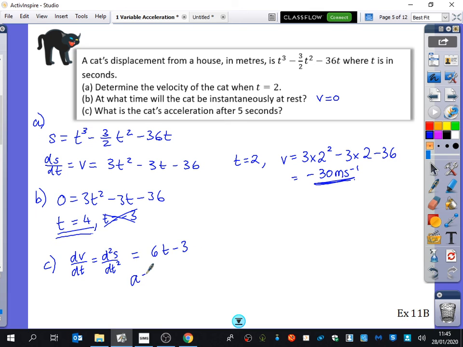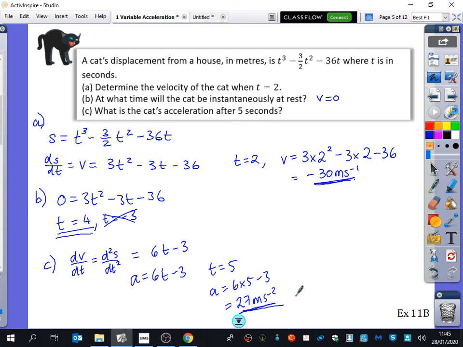So my acceleration is 6t minus 3, and we've been told that t is 5. So it's 6 times 5 minus 3, which is 27 meters per second squared, which is pretty fast for a cat. All of this is like insanely fast for a cat. This is probably not a very real life situation here.